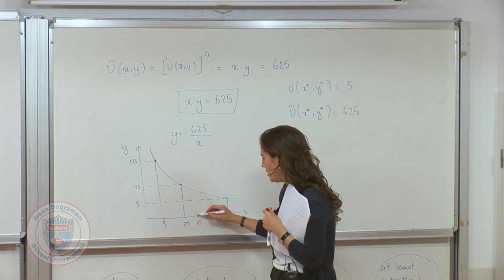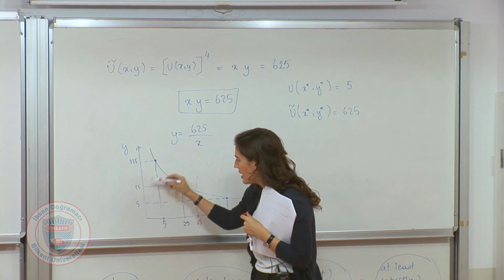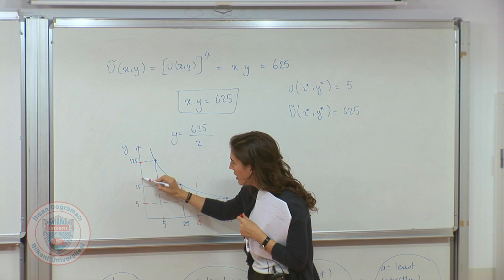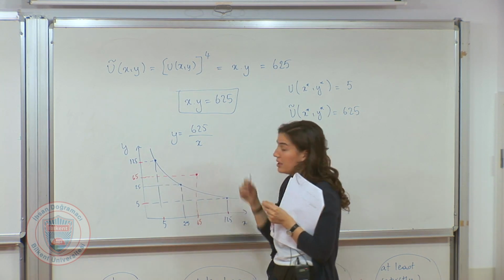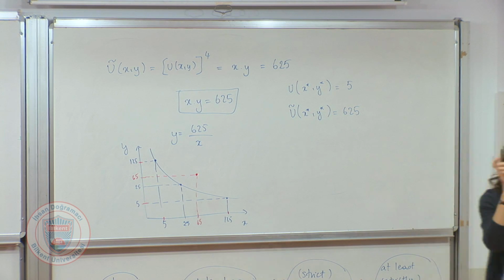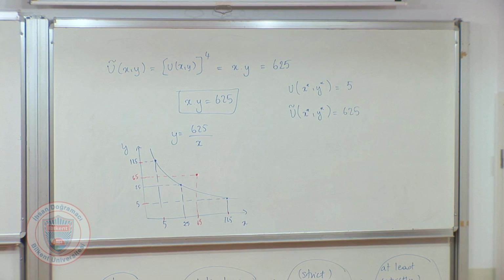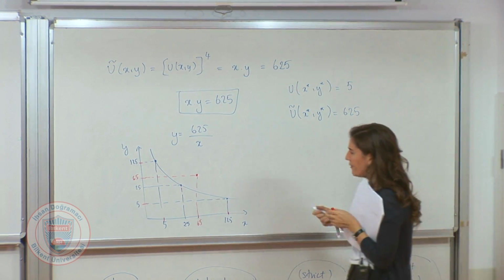It's somewhere here, okay? We know that, remember, all the convex combinations were actually giving a higher utility level, right? So this is basically the case, fine.